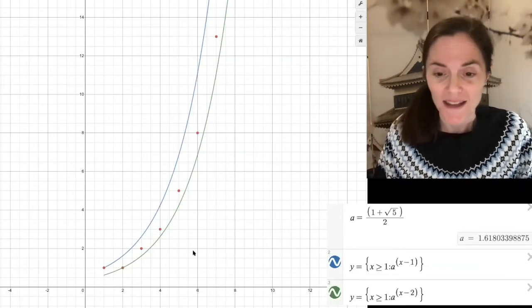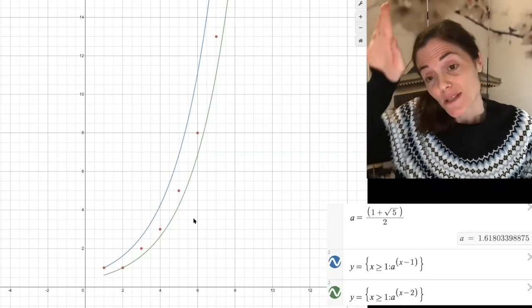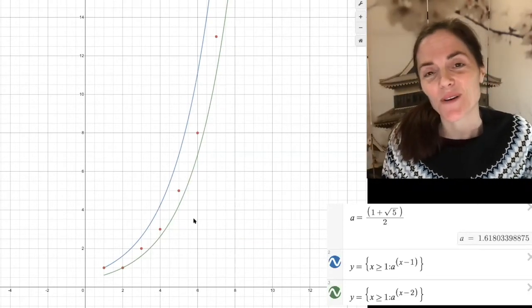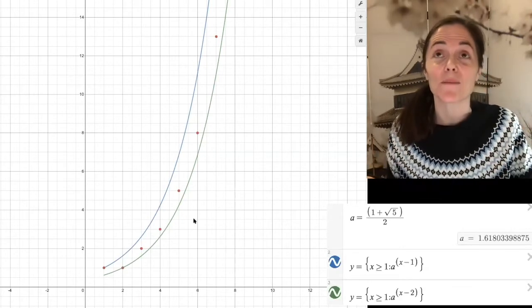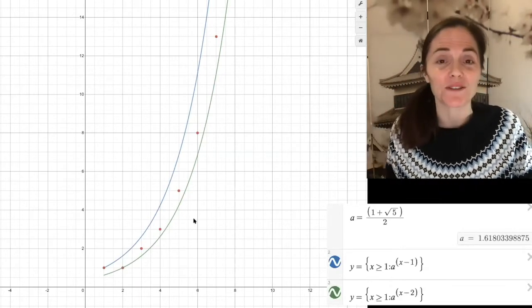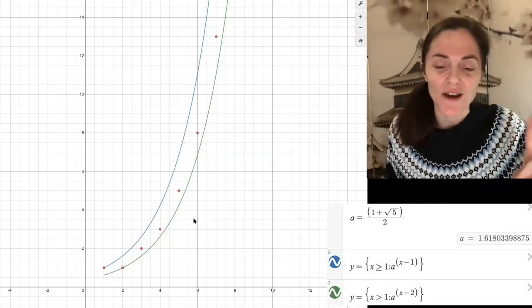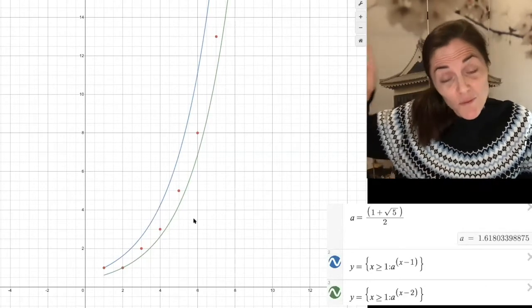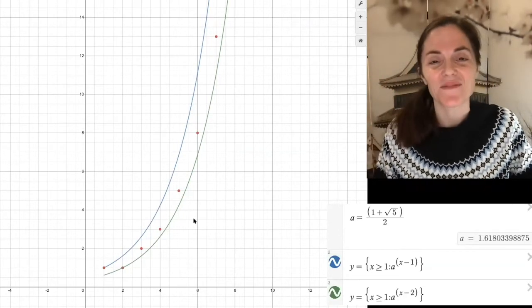And what we see in this graph is that the Fibonacci numbers sit underneath this blue curve. Now, you will prove in the exercises that the nth Fibonacci number is greater than or equal to phi to the n minus 2. And you can see this in this graph because these red dots, these are the Fibonacci numbers, they sit above this green curve.